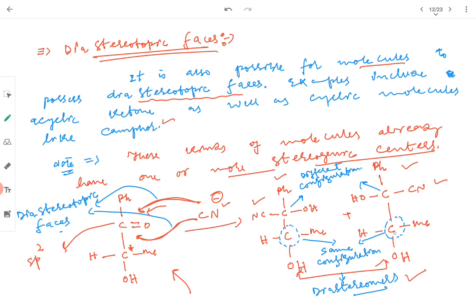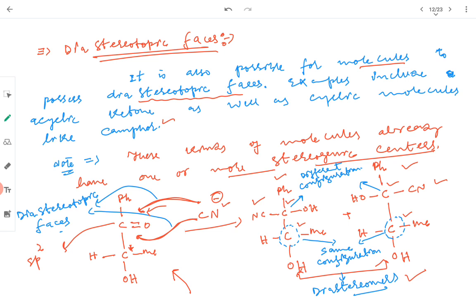Why? Because they have the same configuration at one carbon, this carbon, while this carbon has opposite configuration. I already told you, molecules with two or more chiral centers which resemble in configuration at one chiral center and have opposite configuration at another chiral center are known as diastereomers.